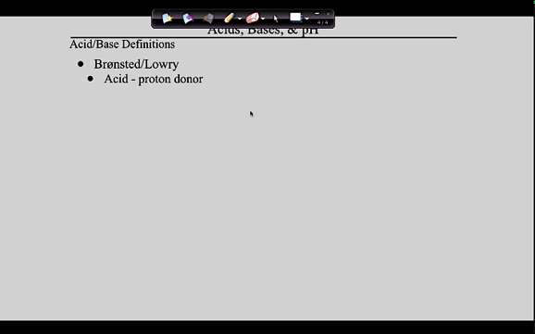What did Arrhenius say acids do? Give away hydrogen ions. What does Bronsted-Lowry say acids do? Give away protons. Guess what? They're the same. You may want to draw a little line between those two definitions and write down that they're the same. Because it turns out hydrogen ions are protons.